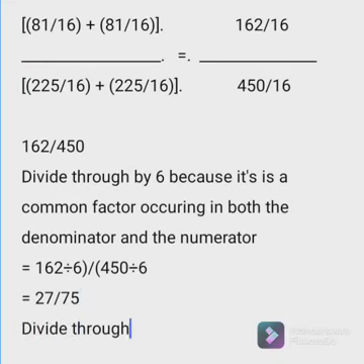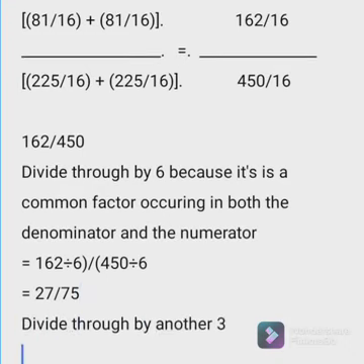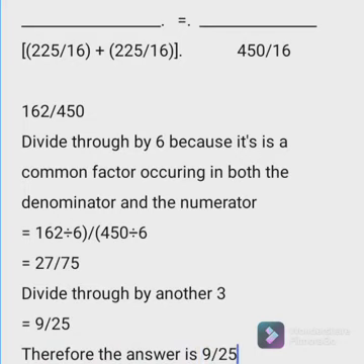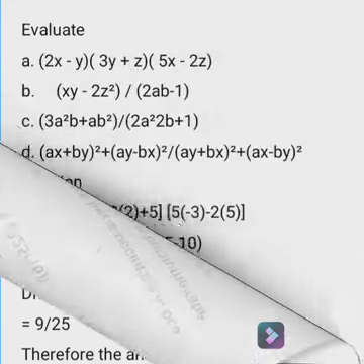If you look at this expression, you will find another factor. So we'll further reduce it until there is no more way of reduction. Divide through by another 3. So we'll have 9 all over 25. Therefore, the answer is 9 over 25.